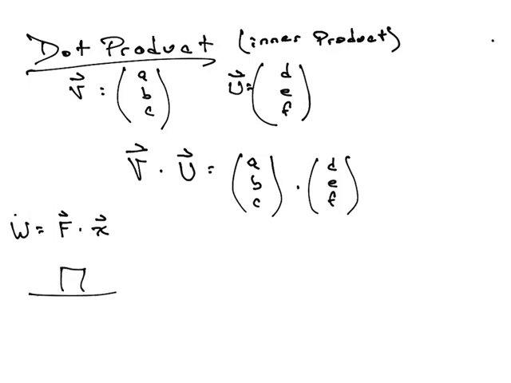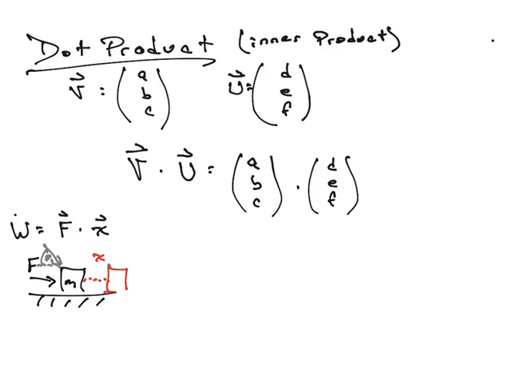So if you have some block with a mass m, you apply a force F, and that block moves a certain distance x, then the amount of work you're doing is the dot product between the force you apply and the distance it moves. And it's the dot product because maybe the force is not straight ahead with the distance, but maybe you're pointing at an angle. Maybe your force is kind of downwards or upwards.